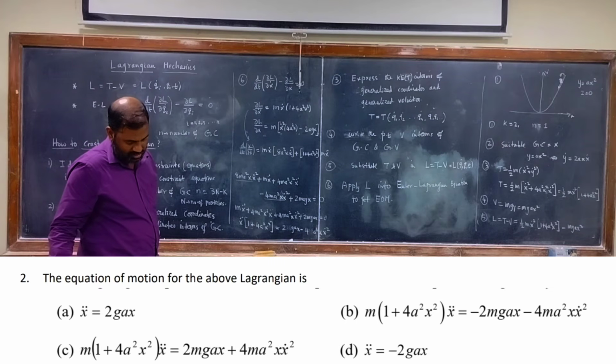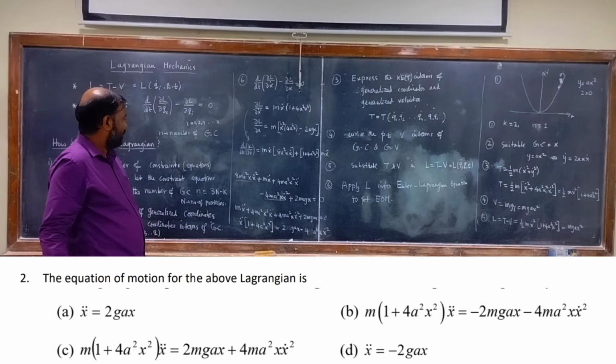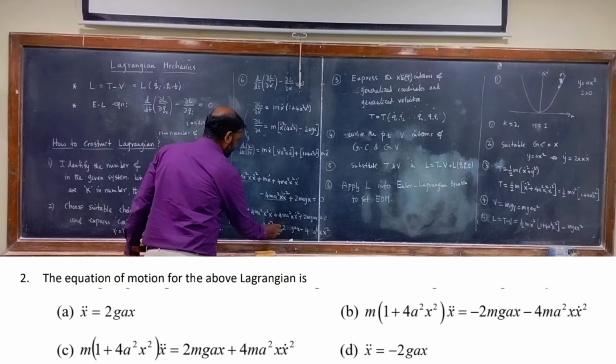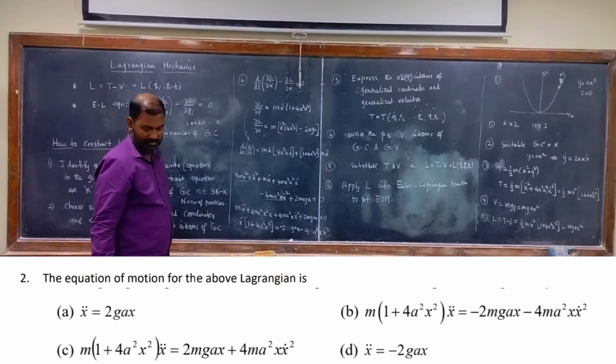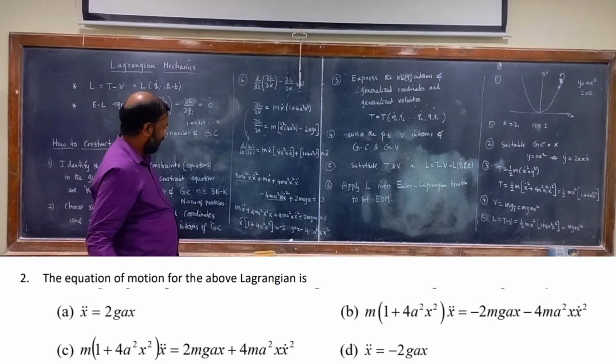C வருதோ? இங்க மைனஸ் மிஸ் ஆயிடுச்சா? B sir. Minus 2. இது மைனஸ் வரும். சாரி. இது மைனஸ் தான வருது? கரெக்ட். அப்ப ஆப்ஷன் B தான்.